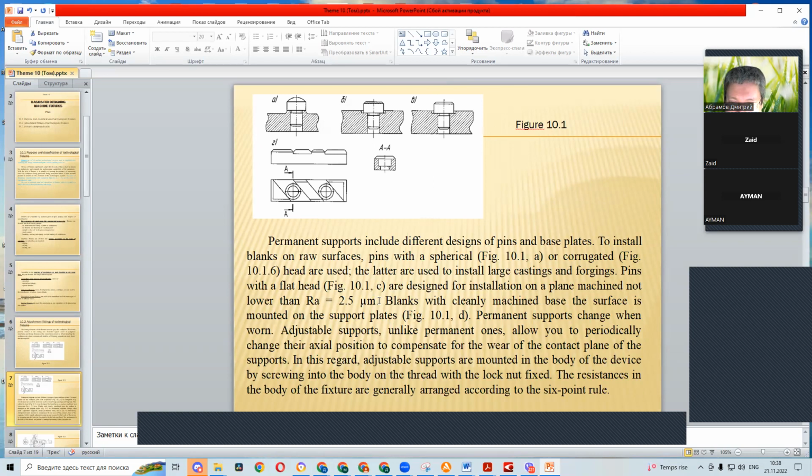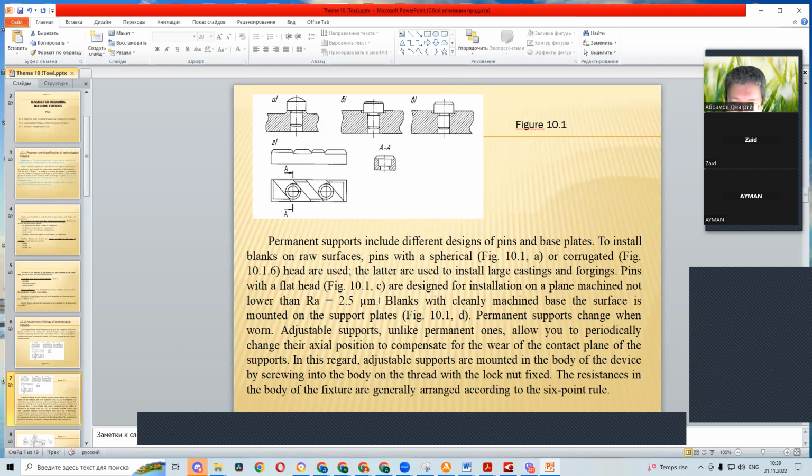Blanks with a cleanly machined base surface are mounted on support plates. It's figure 10.1 D.